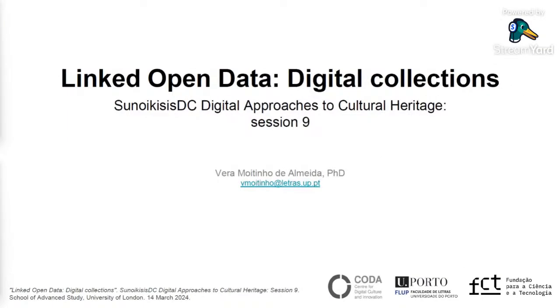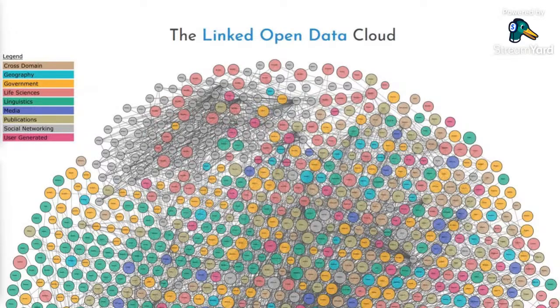I'm Vera Moitinho Almeida. I'm a researcher and coordinating the Center for Digital Culture and Innovation at the Faculty of Arts and Humanities of the University of Porto. And I will be talking, of course, about linked open data, but not the same things that Paula has just mentioned before.